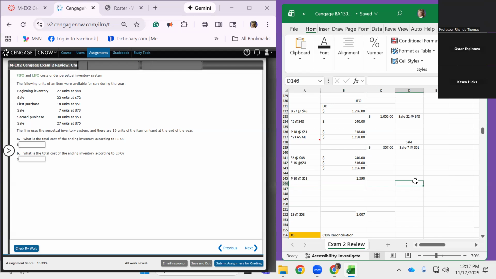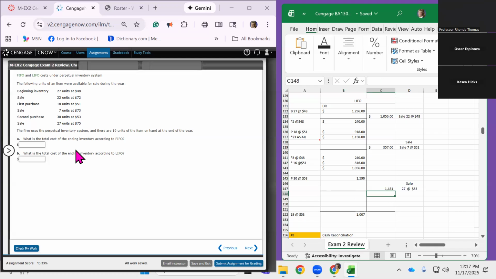Okay, all 27 of those units. So this is a sale of 27 units at a cost of, oops, $53 because those were the last ones in there, right? Last ones in there. So equals 27 times 53.